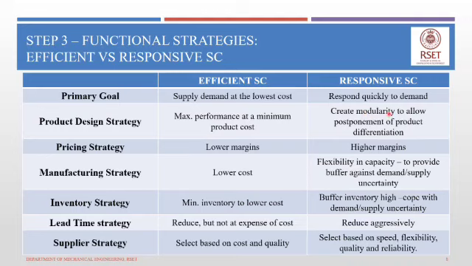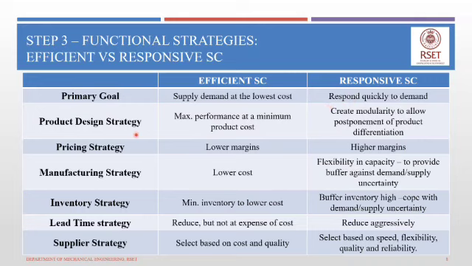When we create modularity, that will allow product differentiation to take place at a later stage. We can ship the products in parts, and the product will only take its final form when it reaches the customer, who has to put together different parts and form the required product. That basically helps with high levels of responsiveness.